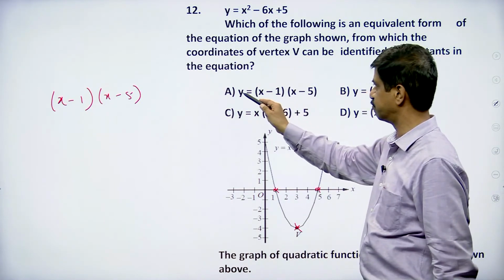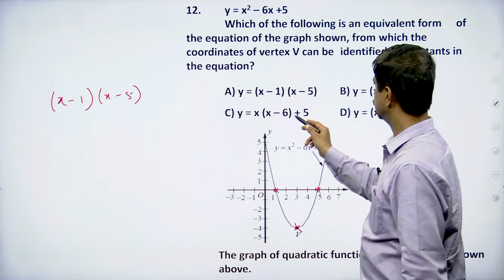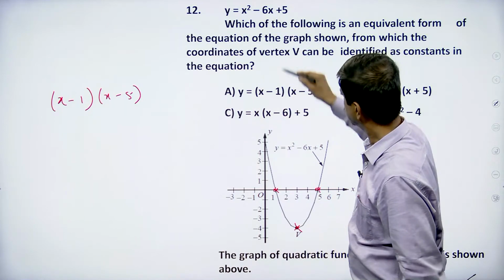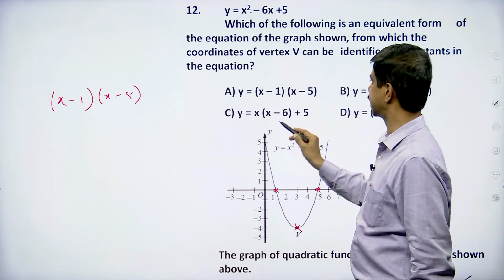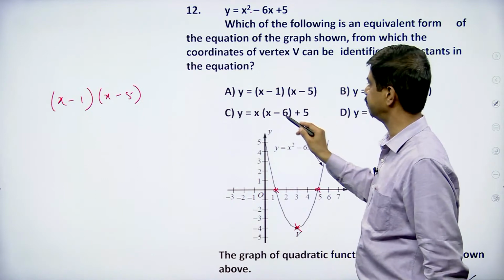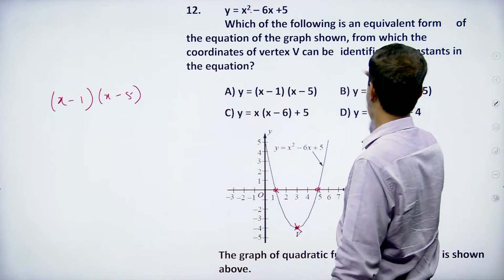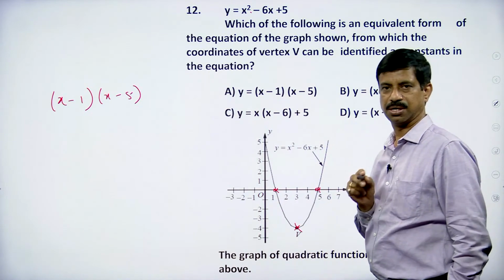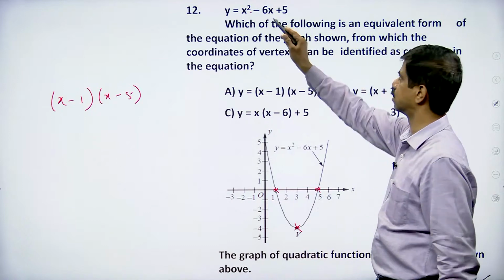Using this, if you say y equal to 0, you will get x equal to 1 and x equal to 5. This is also same. Take x common between first and second, you will get x into x minus 6 plus 5. So same. So now this of course may not be same because x coefficient and constant are different. So now this and this are also same.